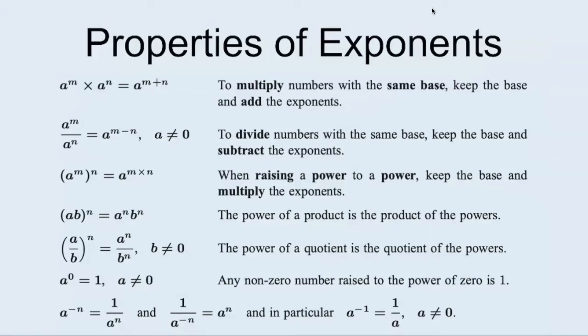So A times B to the power n is the same as A to the power n times B to the power n. And the same thing when you raise a quotient to a power, meaning that both the numerator and the denominator must be raised to the same power.